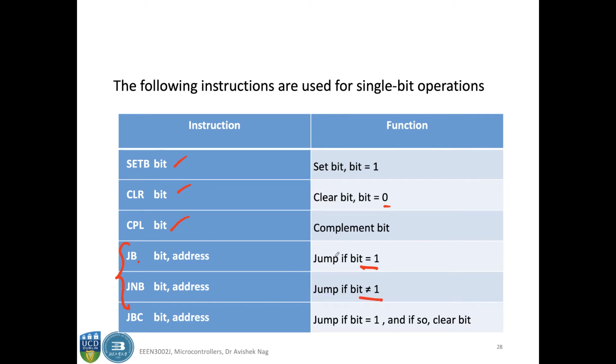You can jump based on these two conditions using these two instructions, and then you can also jump if the bit is 1, but while jumping you clear the bit as well. JBC is that particular instruction which you can use.